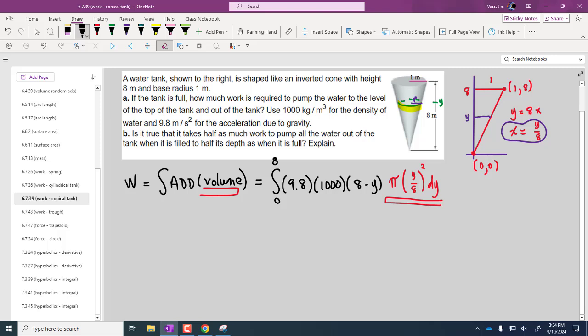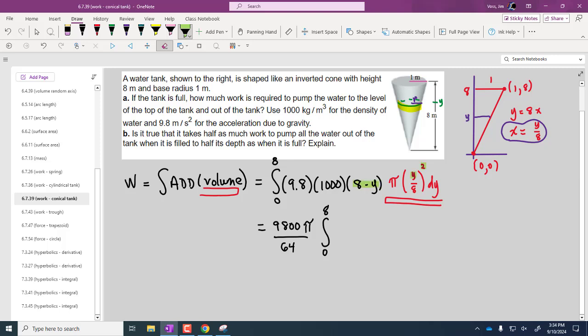So more complicated than the other one, but we still have a fair number of constants here. So we're going to bring out that 9800. What else can we bring out? I guess the pi we can bring out. We can bring out a division by 64. And the only thing that's left inside, we have 8 minus y. So let me highlight what's left. 8 minus y and y squared. That's it.